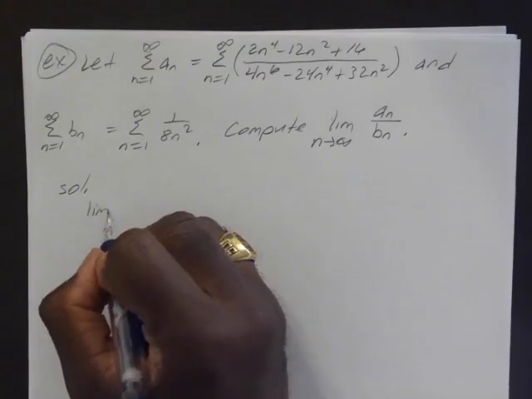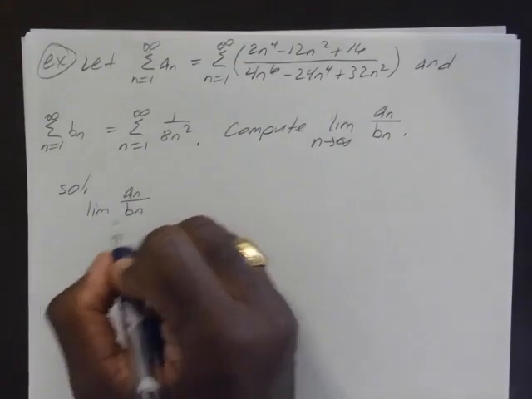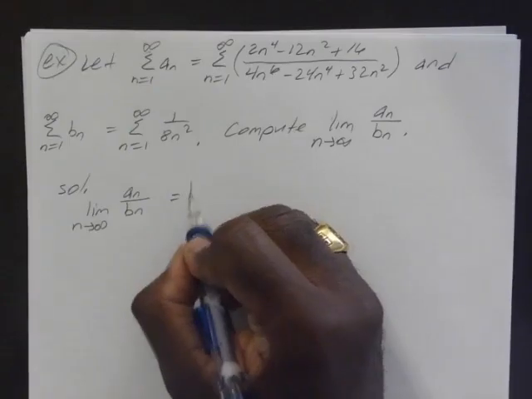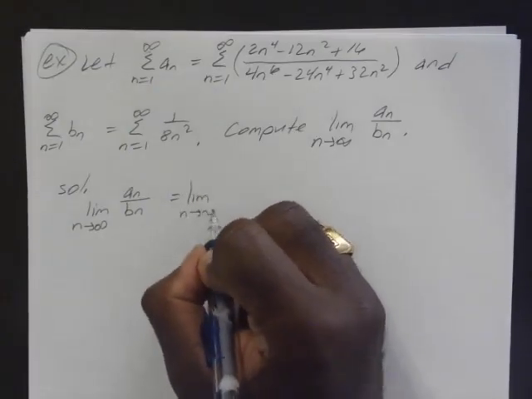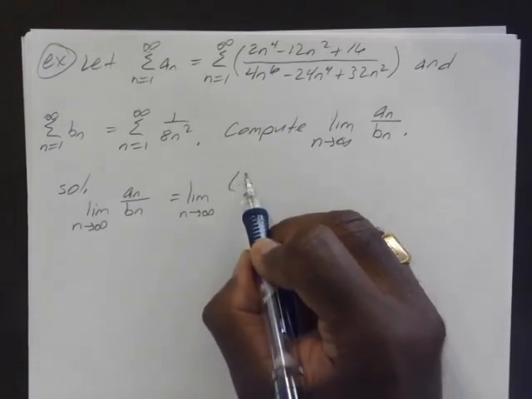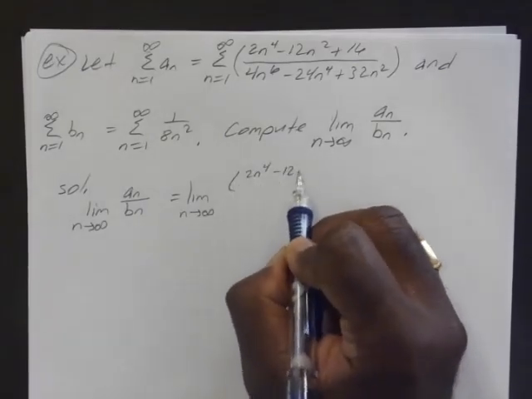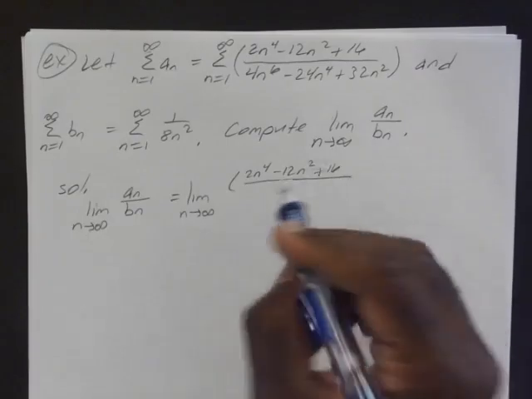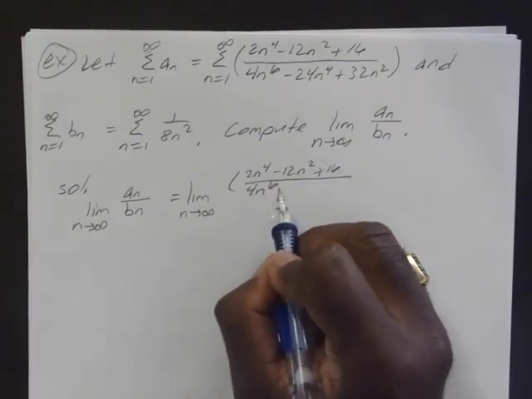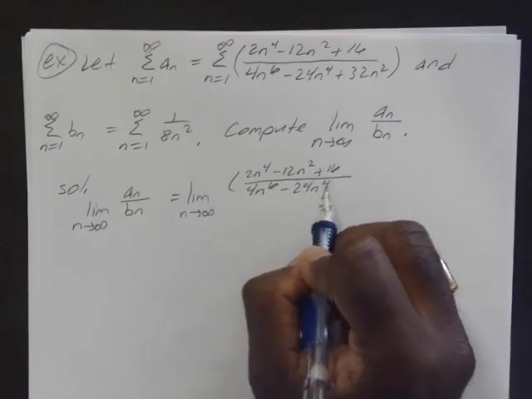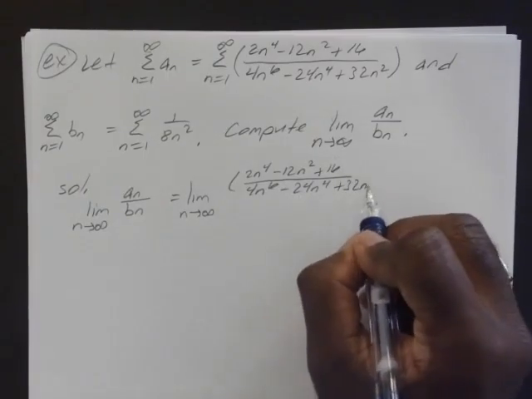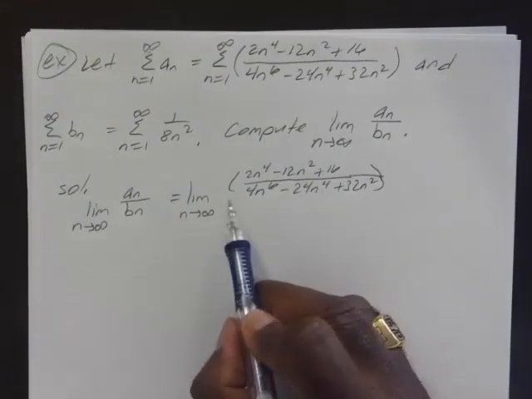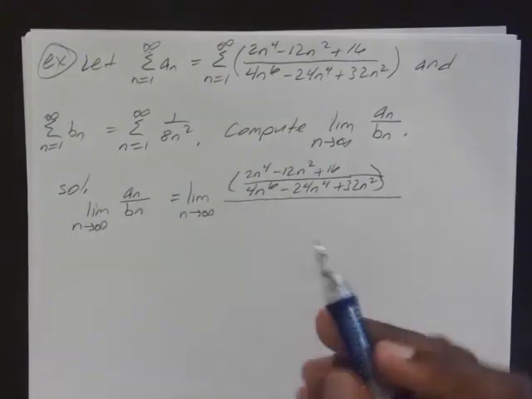Okay, so we know that the limit of a sub n divided by b sub n as n approaches infinity is equal to the limit as n approaches infinity of 2n to the fourth power minus 12n squared plus 16 divided by 4n to the sixth power minus 24n to the fourth power plus 32n squared, and that whole thing divided by 1 over 8n squared.